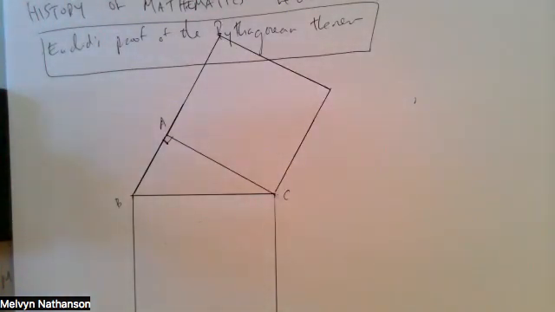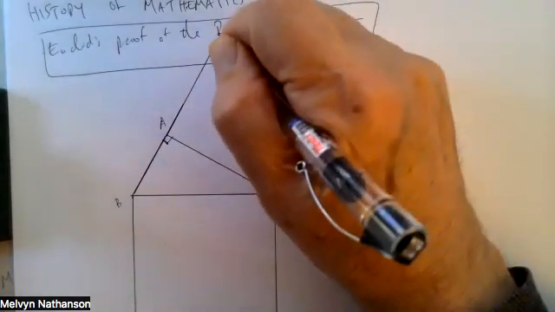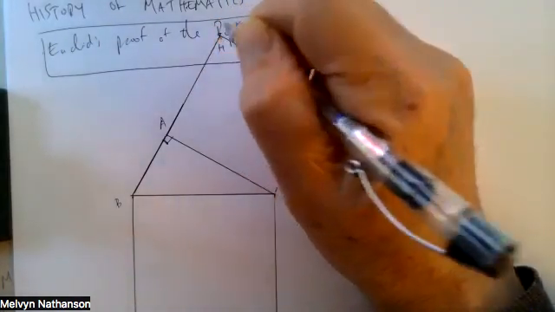So this is the square on one of the legs. This is K and H is here.